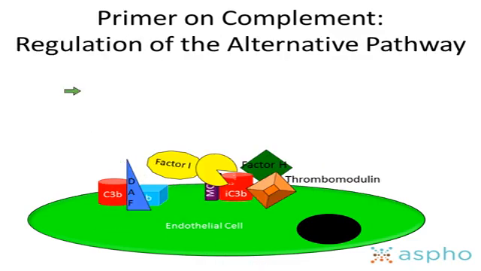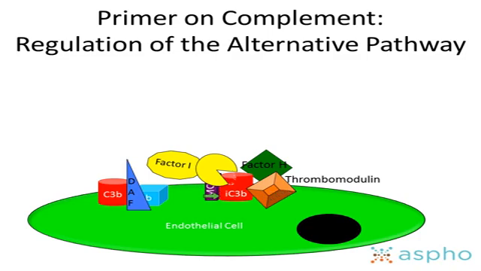So how is the complement system regulated? Well, this happens through a variety of both fluid phase and membrane-bound regulators. C3b, when it's on a cell surface, is bound by membrane cofactor protein here, as well as thrombomodulin.